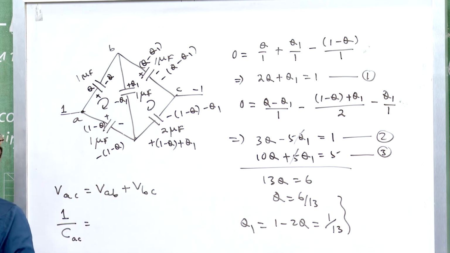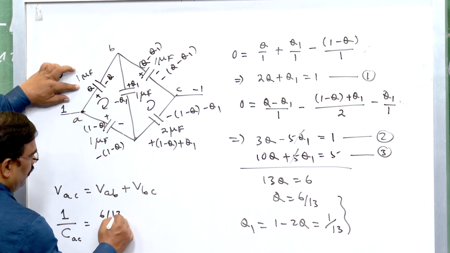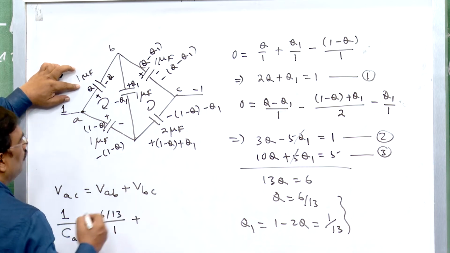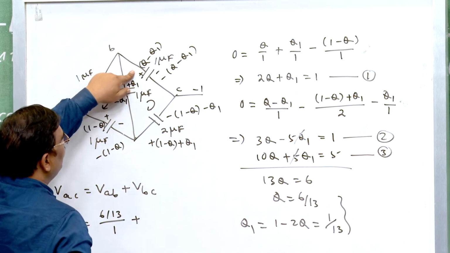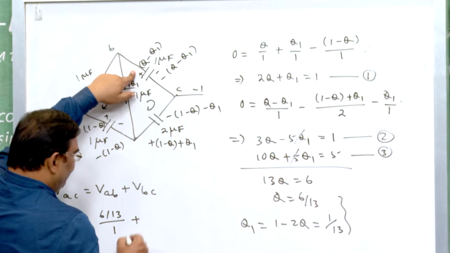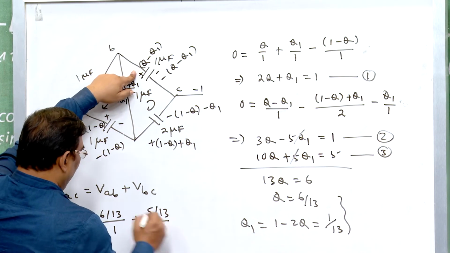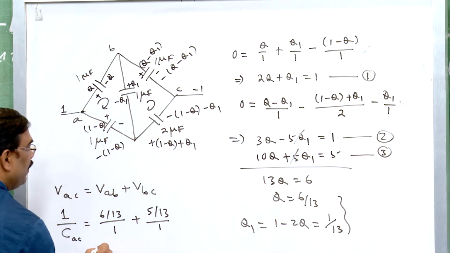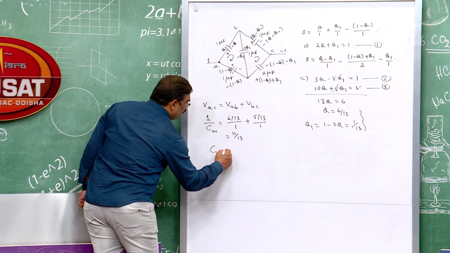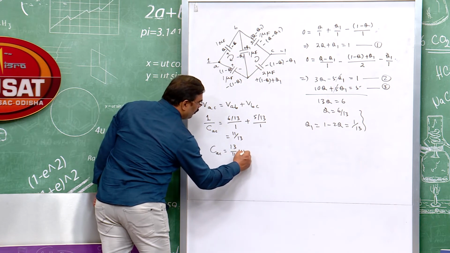V_AB is 6 by 13 divided by capacity 1, plus V_BC, which is (Q minus Q1), 5 by 13 divided by 1. So, this is equal to 11 by 13. So, the effective capacitance between A and C is 13 by 11 microfarad.